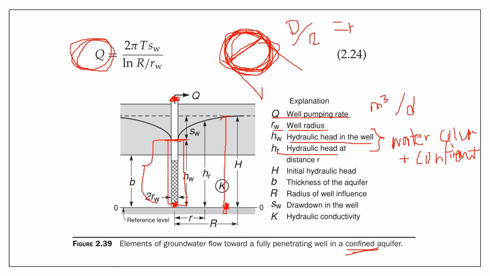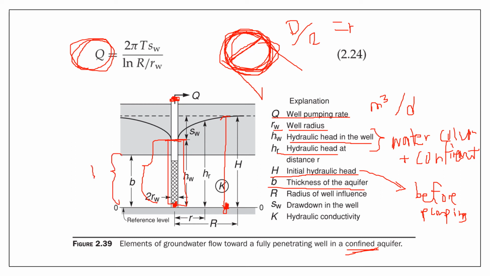So you also have big H, which is the initial hydraulic head. That is the hydraulic head before the pumping started. You also have B, which is the thickness of your aquifer, which is this one.